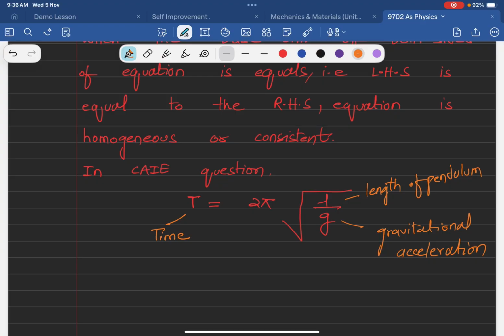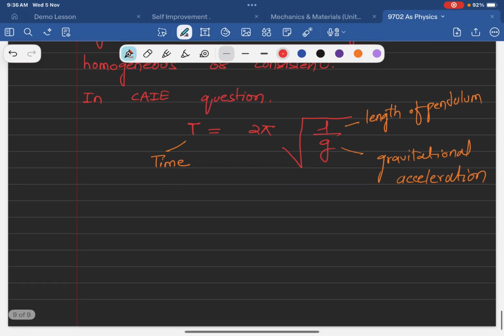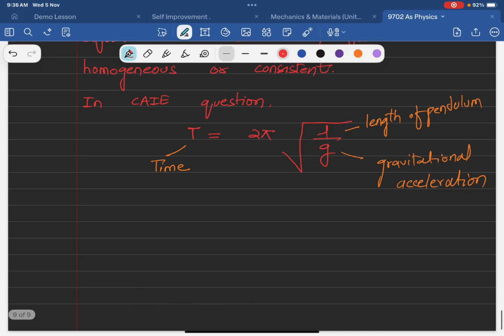In a similar way, a second kind of question can also come in the examination, like he can give you an equation T is equal to K under root ml cube divided by epsilon. What does the examiner ask in this kind of question?